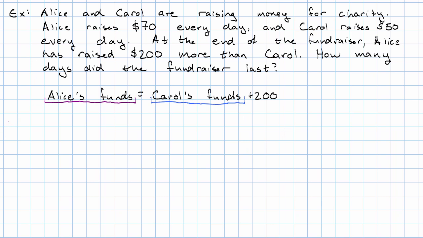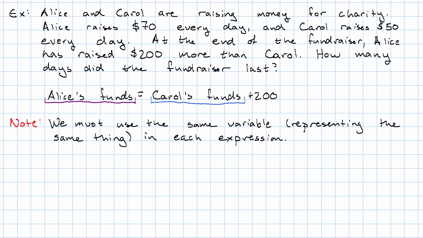It's important to note that we must use the same variable in each expression. And that's where making our variable the answer to the question comes in handy. In this problem, our variable is going to be D, the number of days that the fundraiser lasts.